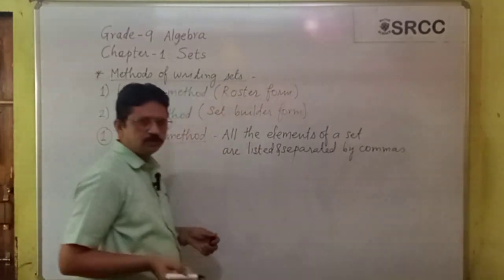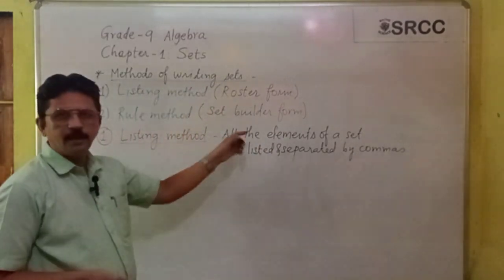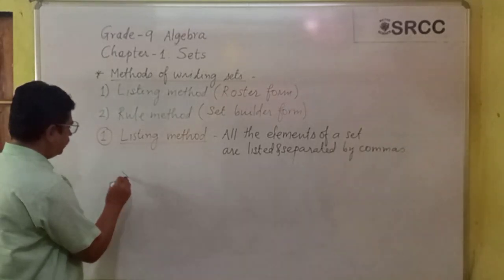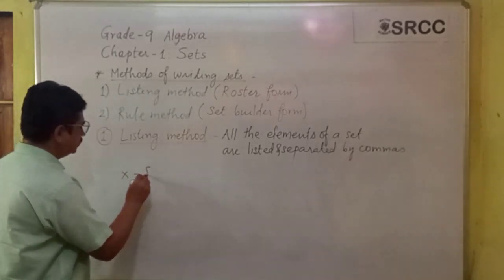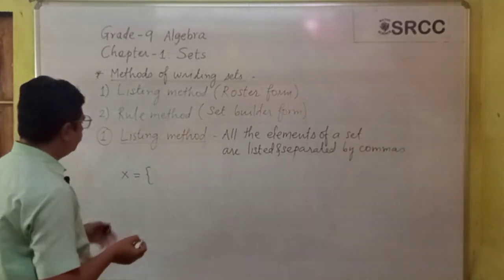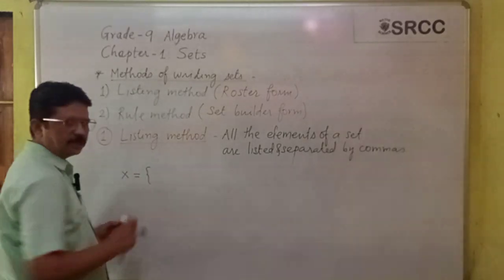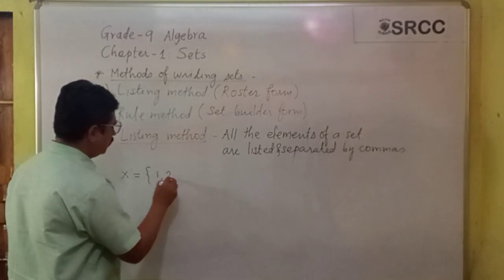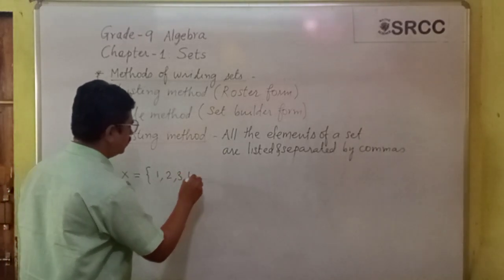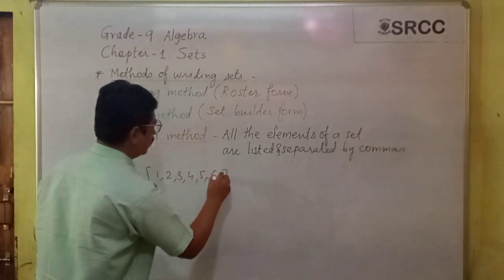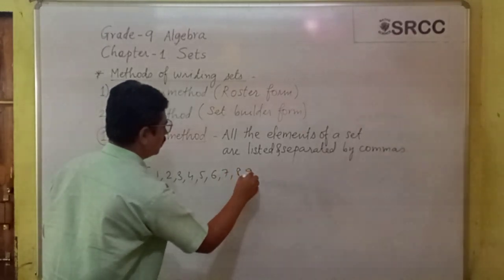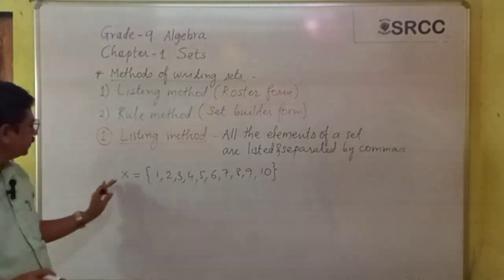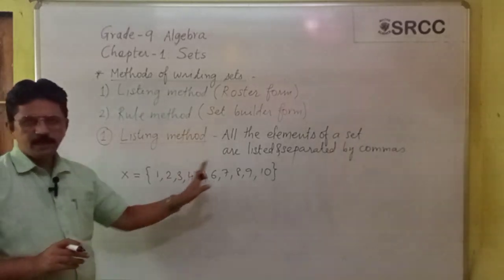Here it is needless to say that they are written within curly brackets. For example, say x is a set of the natural numbers from 1 to 10. So in this way, we write a set by using the listing method.